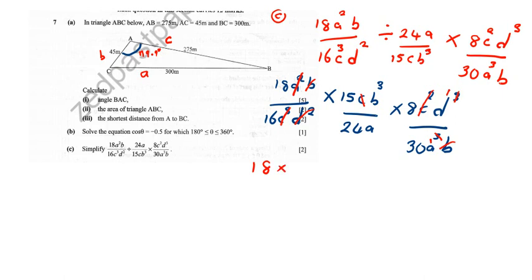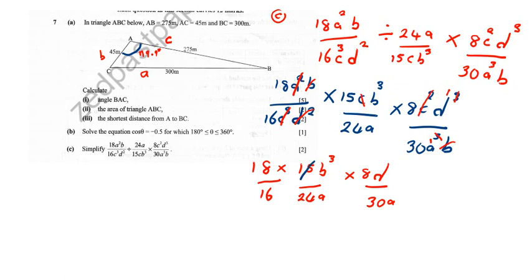And what we are remaining with is 18 times 15 b to the power 3 times 8 d over 16 over 24a, and here over 30a. So for the letters we are done. We now go to the numbers. So we cancel out the numbers. 15 can go into 30. How many times? 2 times.